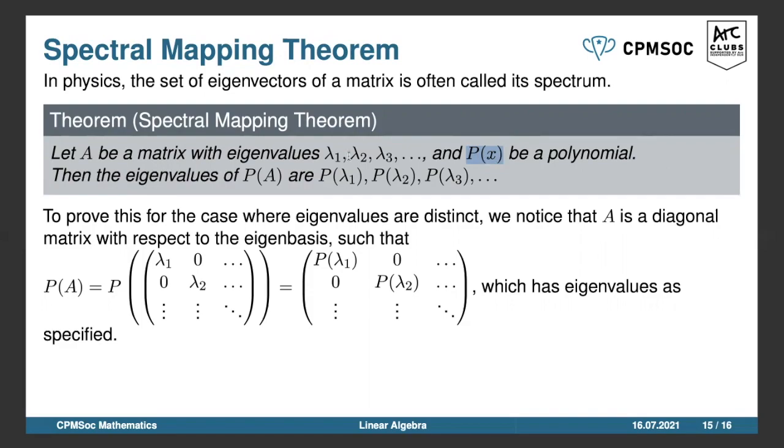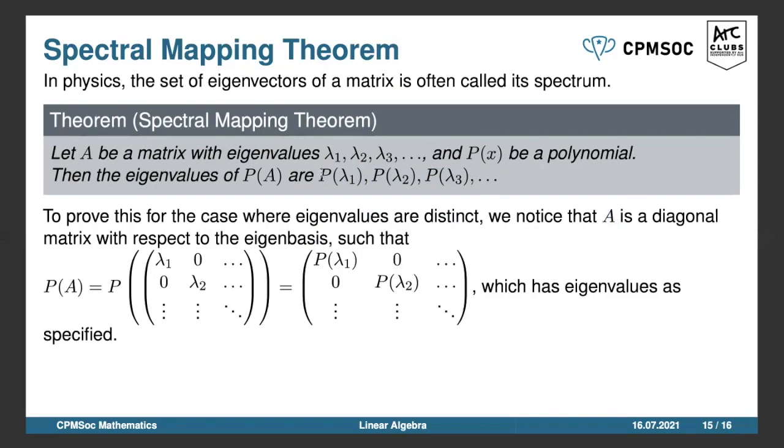And it turns out that when you do this, the transformation that's applied to the eigenvalues is just the polynomial. So if we have distinct eigenvalues, we have all of them being multiplicity 1. Well, if we represent the matrix in terms of its eigenbasis, because they're distinct, we can do that. So we represent A as a diagonal matrix in the eigenbasis.